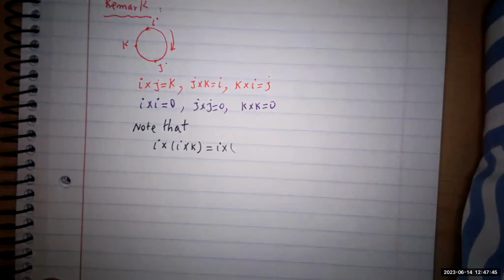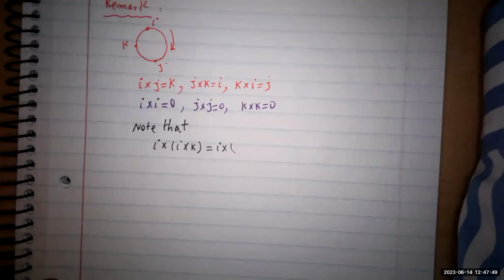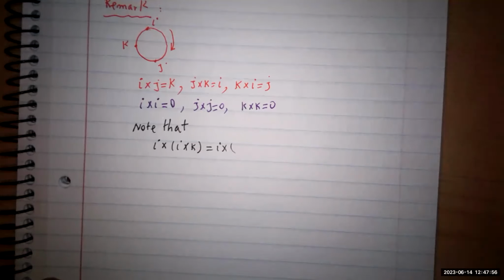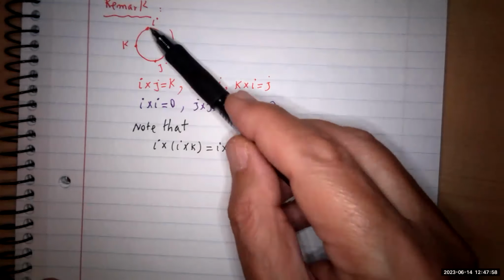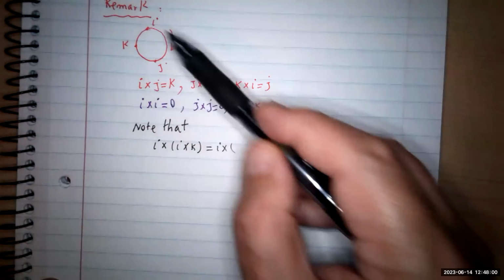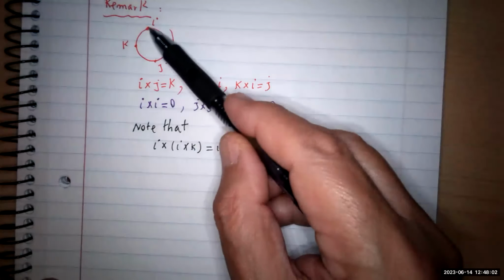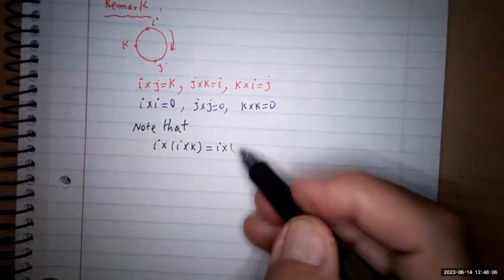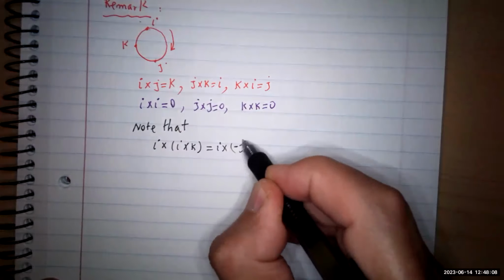The suggestion is going to be not J. You see, you have to consider the direction that you have. In this direction, you have I cross K, you want to come back. So it's going to be negative J.